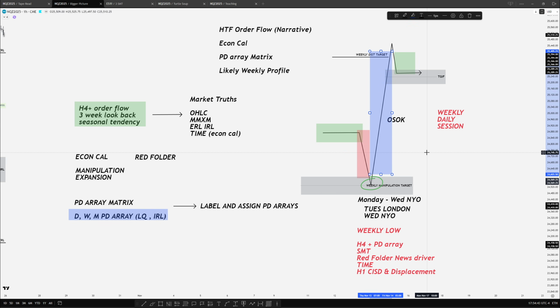In here, you're going to have the highest probability of this time frame alignment. And that allows us to get these 6R plus trades, 8R plus trades, 10R plus trades. That's what we want, right? We don't want to be taking 2R scalps all the time. If it offers us an entry at 9:50 and I tell you you can hold that until noon or until 15:00, that's the kind of trades you want to be taking, right?